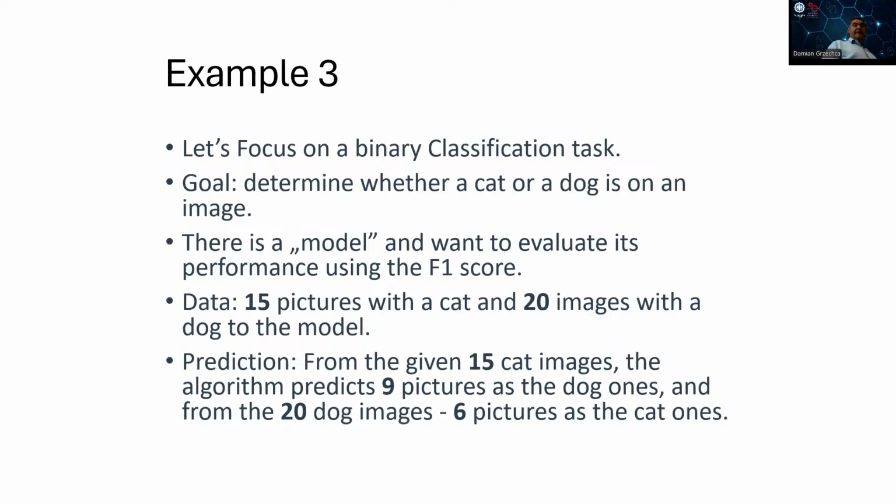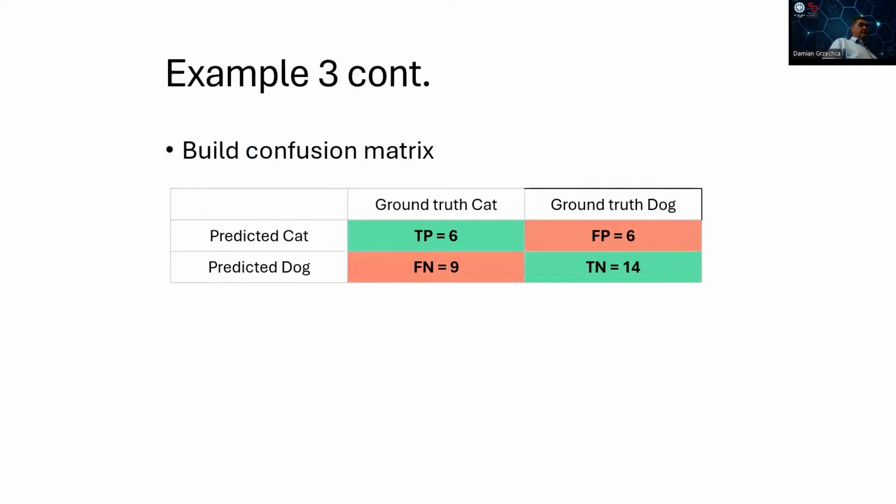Okay, so once we have a confusion matrix, we can find coefficients: precision, accuracy, and recall.